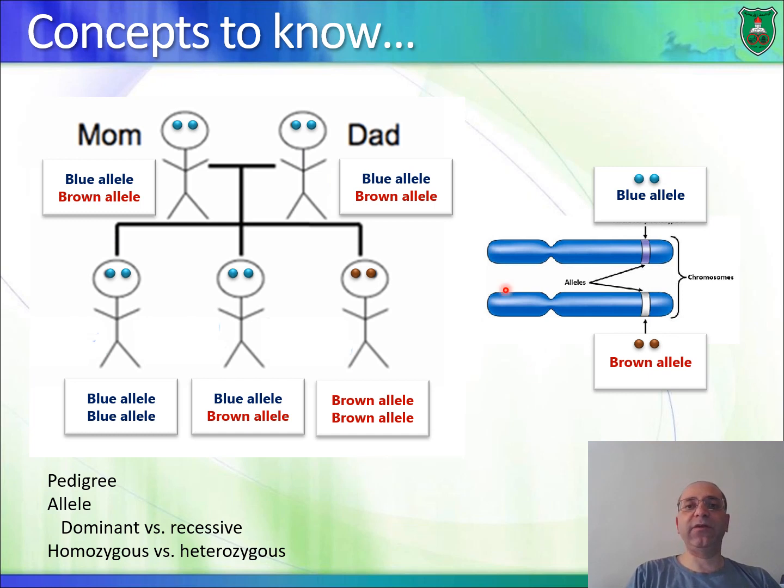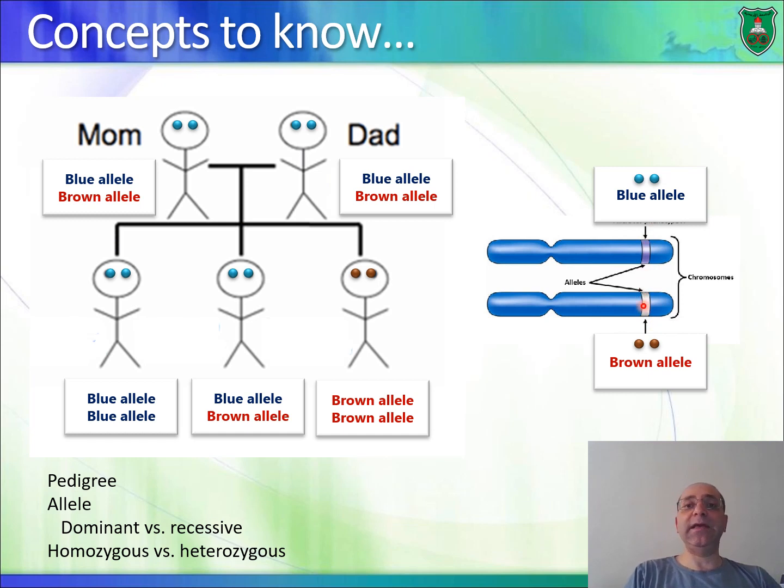Let's say that it exists on chromosome 5. Our cells are diploid, meaning that we have 2 copies of every chromosome. So we have chromosome 5 from mom and chromosome 5 from dad. Genes are organized in exactly the same spot on both chromosomes for all human beings. So the gene is located on chromosome 5, right here and right there.